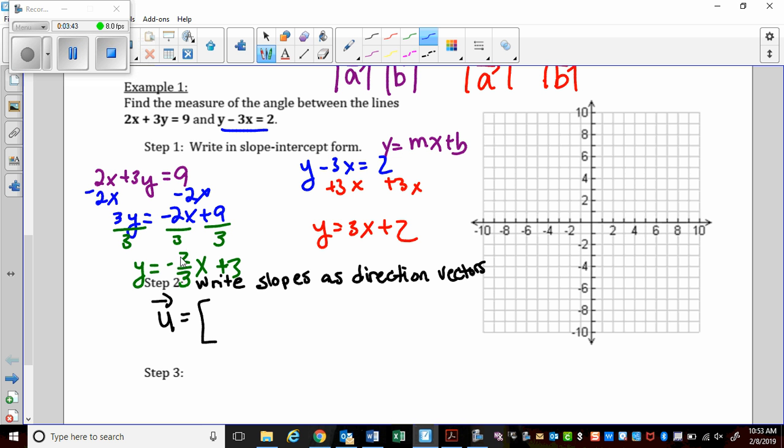We go up first over the x values. So they're going to switch positions. So it's going to be 3 and then negative 2. And then I'm going to do the same thing for v, or the next vector. It looks like we're going to go up 3 over 1, and we put our x values first, so that is 1 and 3.